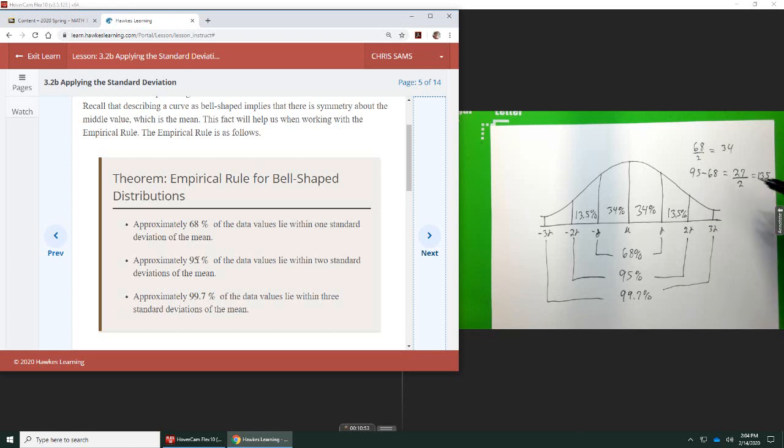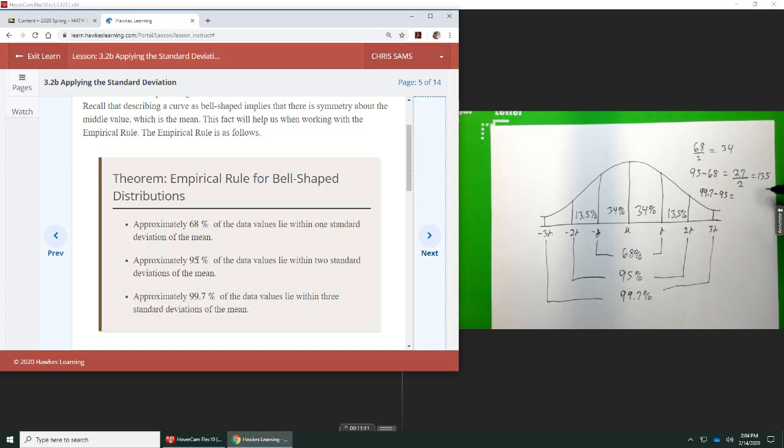Now, again, we're going to do the same type of calculation. So the whole thing is 99.7, but we've already accounted for 95% of it, okay? So over here, I'm going to do 99.7 and subtract off 95.